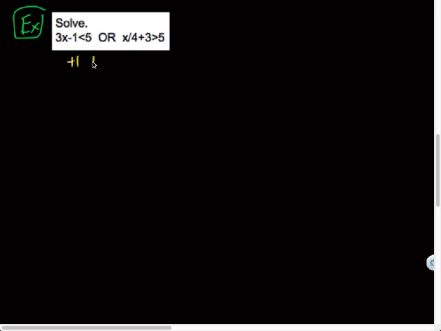Over on this side, I would just add 1 to both sides. So I'd have 3x is less than 6, and then divide by 3, and I'd have x is less than 2. Over here, we'd subtract 3 from both sides, and I'll have x over 4 is greater than 2. How do I get rid of the over 4?